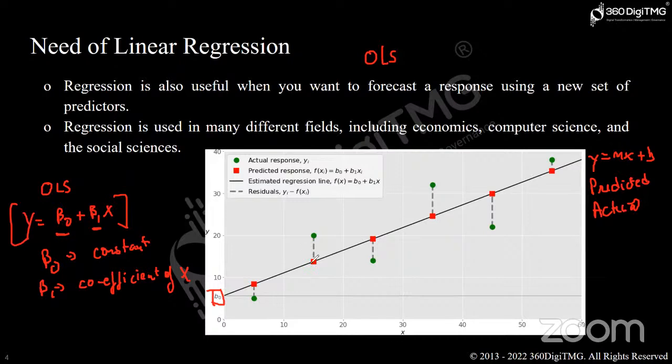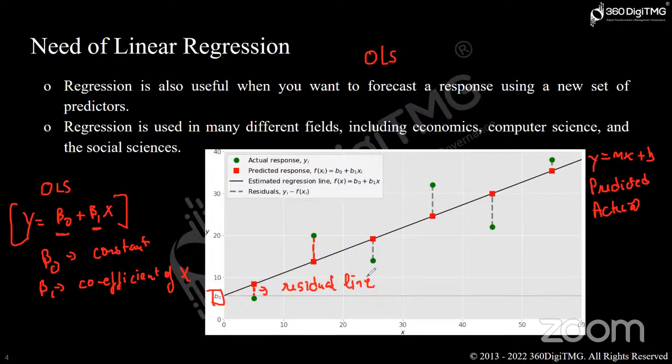This line is known as our residual line. This is depicting how far away from the actual value is our predicted value. So this sort of acts as an error calculation metric.